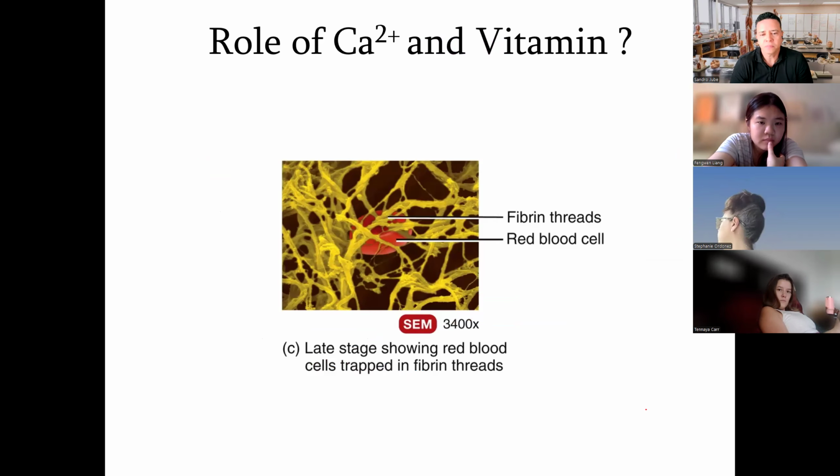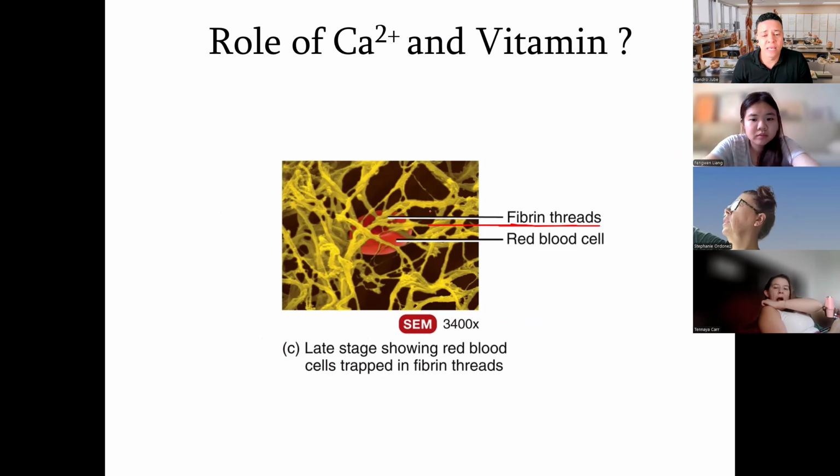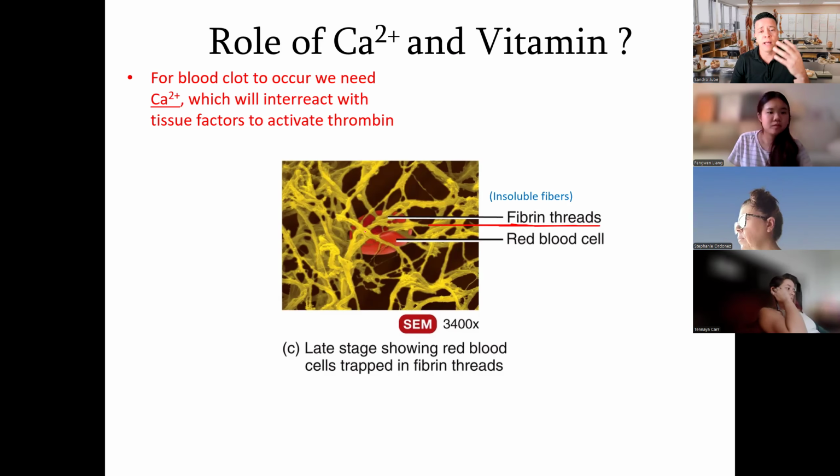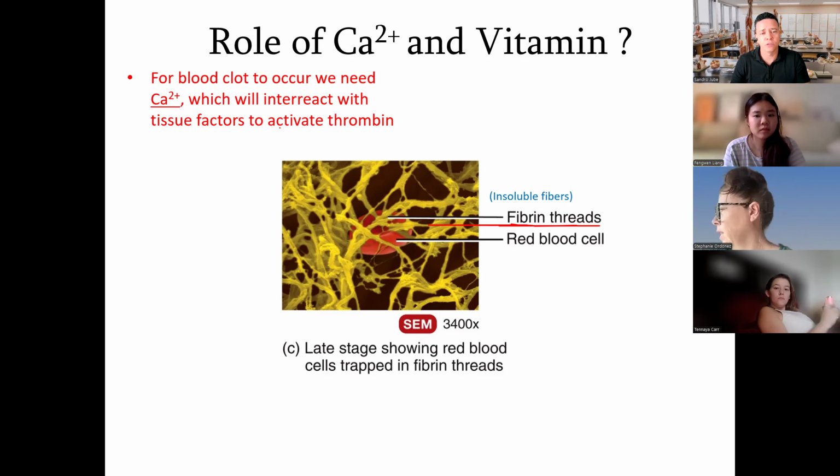Everybody look up. We are looking at a microscopic picture of a fibrin thread. And you can see that those threads are so tightly wound together that a red blood cell cannot even pass through it. It gets trapped in that thread. Okay? Now, again, what causes the formation of the fibrin thread? They are caused by tissue factor combining with the calcium to activate thrombin.